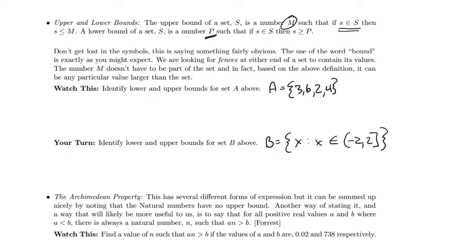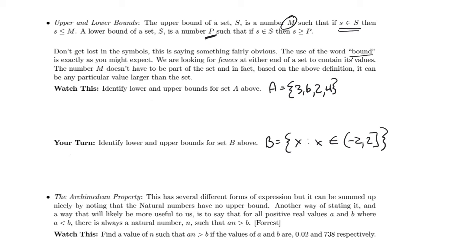So the upper bound is some number m, such that if s is in the set, then that element is going to be smaller than or equal to m, and a lower bound is some number p such that if s is in that set, it's going to be larger than or equal to p. And like it says here, we don't want to get lost in the symbols.